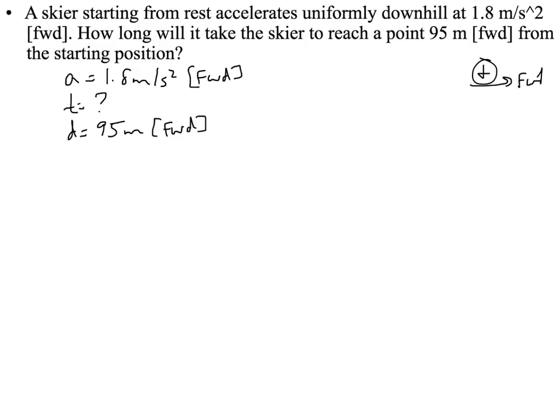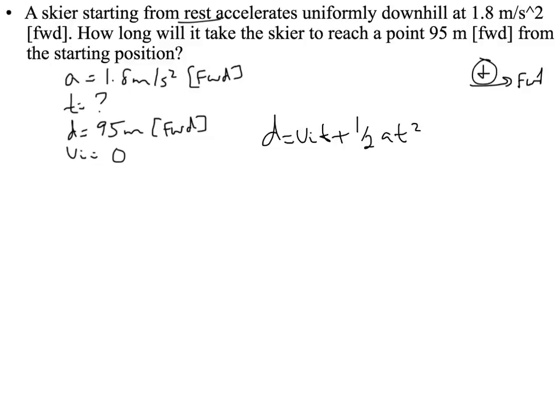Since they start from rest, we also know that VI is equal to 0. As always, we need to figure out our equation, so let's use D equals VIT plus 1/2 AT squared.